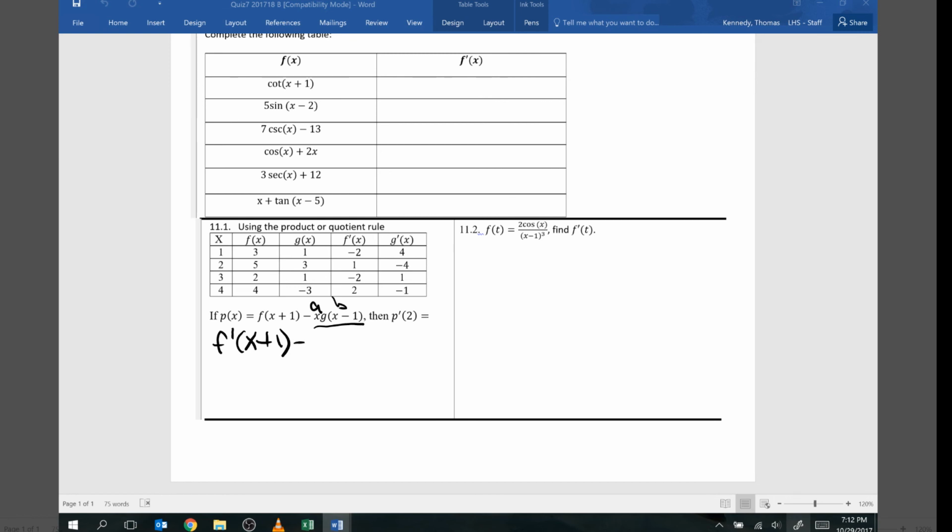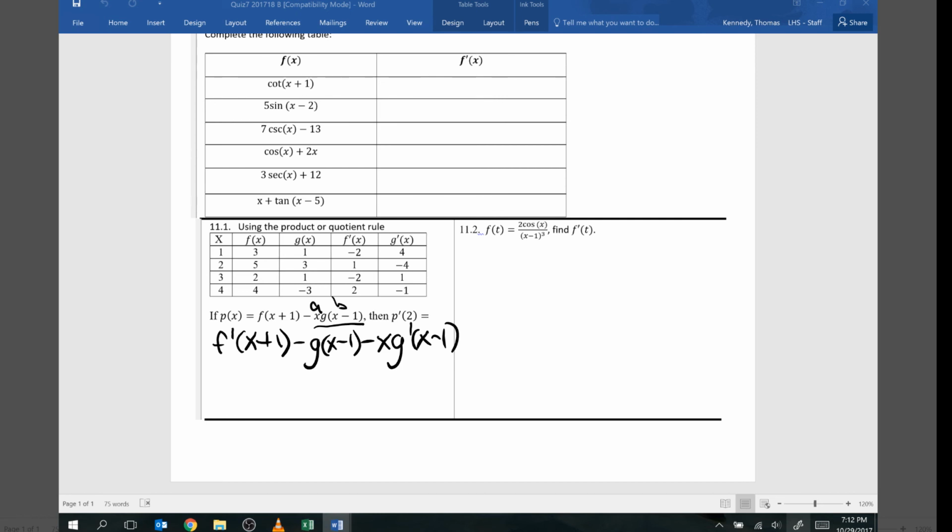And the derivative of this, I gotta do product rule. Derivative of the first times the second is g of x minus 1, minus x times g prime of x minus 1, for the first thing times the derivative of the second. Then a lot of people did some other kind of mystifying-ish stuff by plugging in the numbers and then adding 1, but this is f prime of x plus 1, so that's f prime of 3.